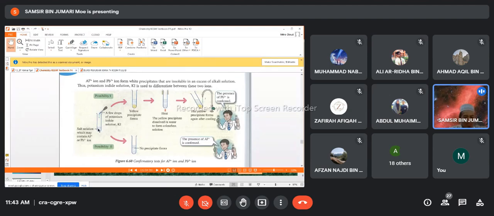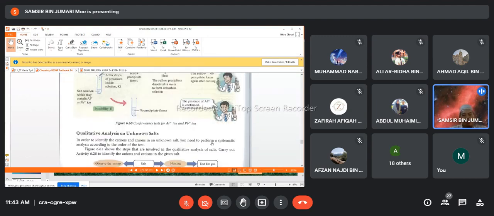Okay, this consists of lead 2 ion, and the potassium iodide consists of iodide ion. So lead 2 ion and iodide ion react together to form lead 2 iodide or the yellow precipitate. Okay, macam tu. Prinsip dia gunakan prinsip pemendakan tu, or double decomposition reaction.